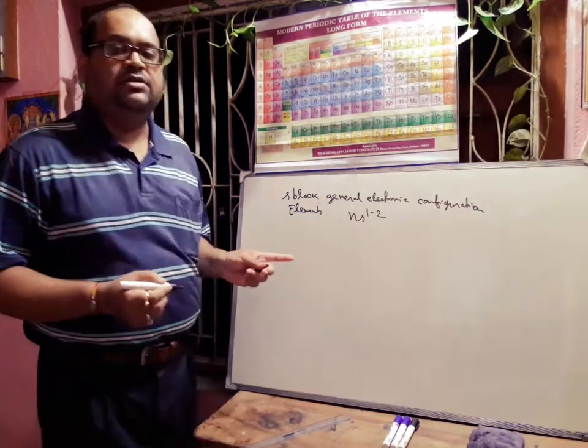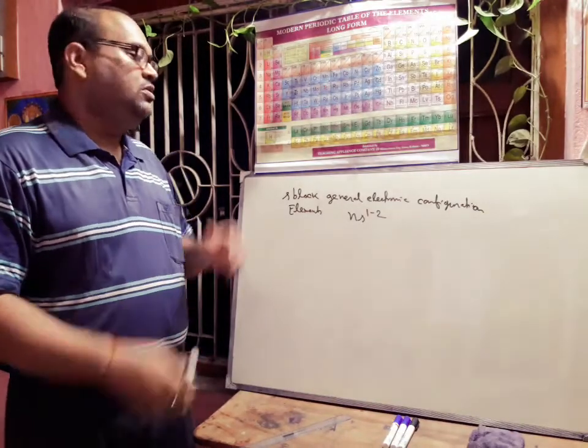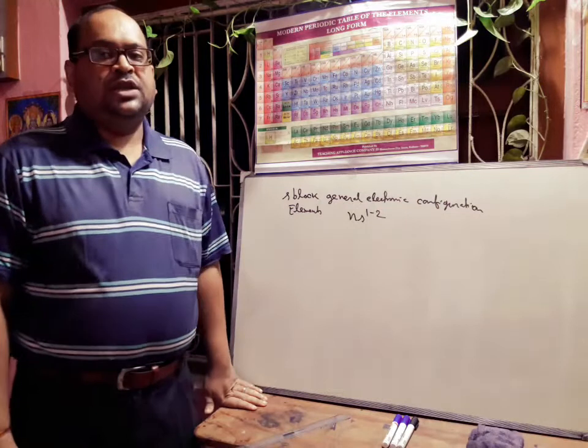There may be 1 electron in the s orbital as well as 2 electrons in the s orbital. Next we will go to the p block elements.